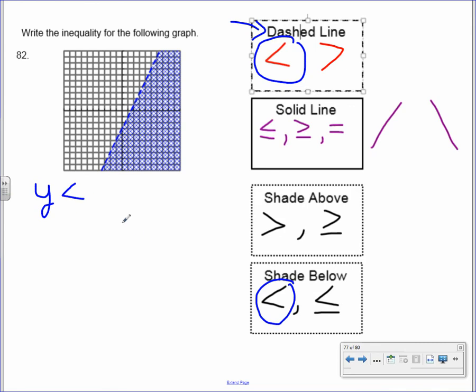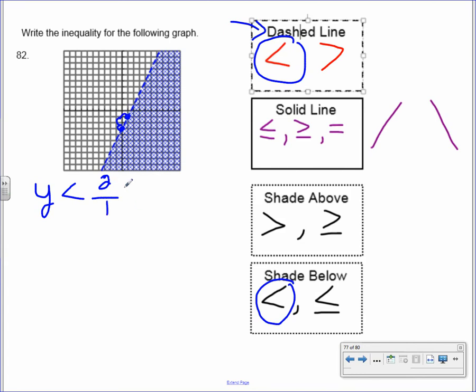Let's find our slope and our y-intercept. So to find the slope, let's choose two good points. Here's a good point, and another good point is right here at the corner of the boxes. So I have a rise of 1, 2, so 2 over my run of 1.